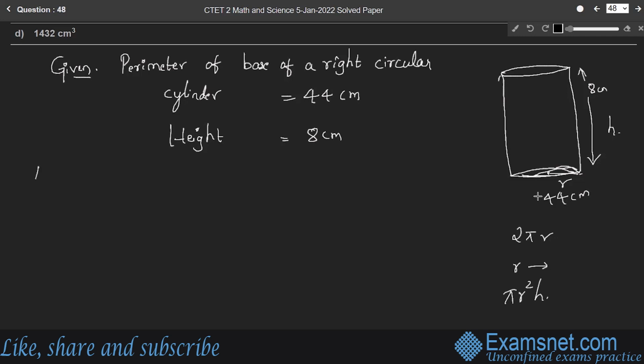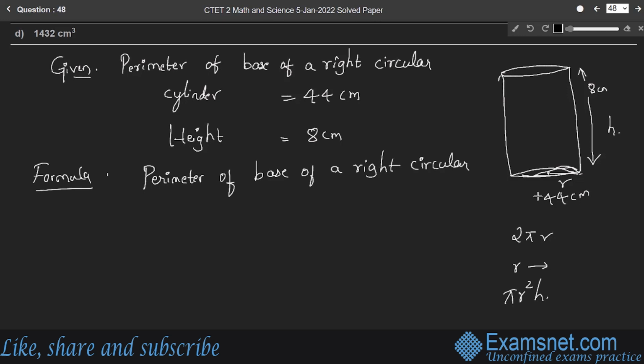So here formula to be used or concept used here is perimeter formula, perimeter of base of a right circular cylinder is equal to 2 pi r, right?